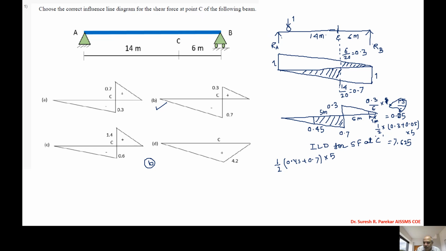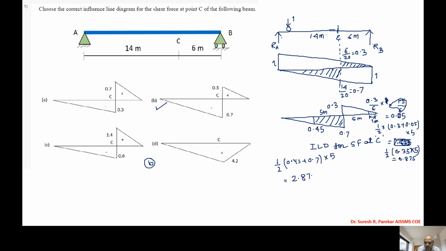So it comes actually, this we have committed a mistake. This I have taken 3.05. So this is equal to 1/2 into 0.35 into 5. And this area comes 0.875 and this area comes, we have 0.45 plus 0.7 into 5 by 2. So this comes 2.875.